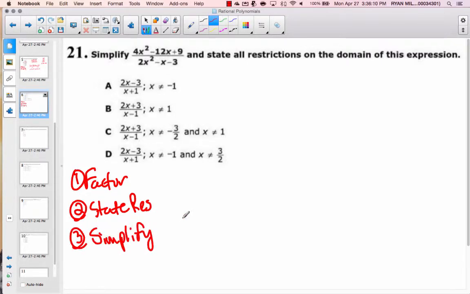Okay, so we're going to factor. 4 times 9 is 36. Factors of 36 are 1 and 36, 2 and 18, 3 and 12, 4 and 9. I'm trying to make negative 12.